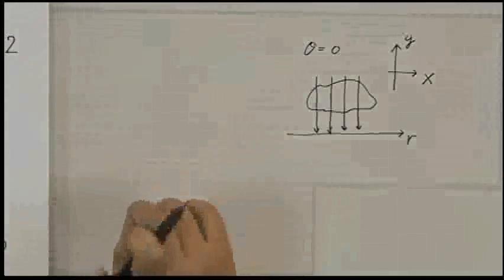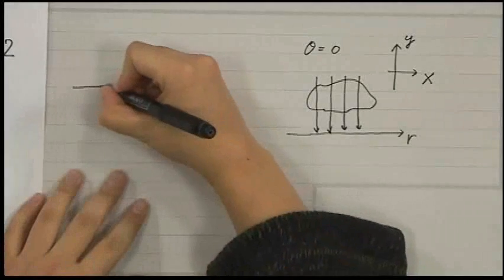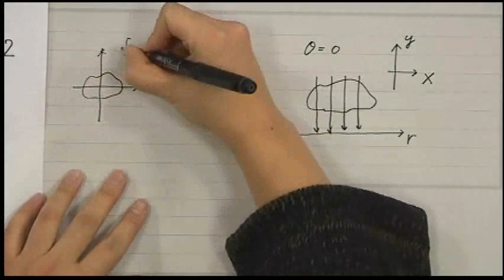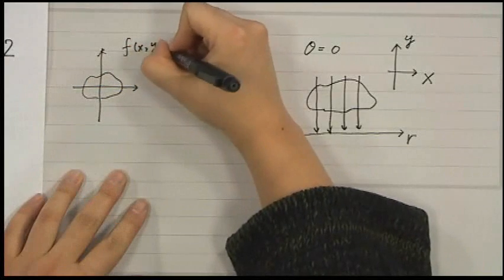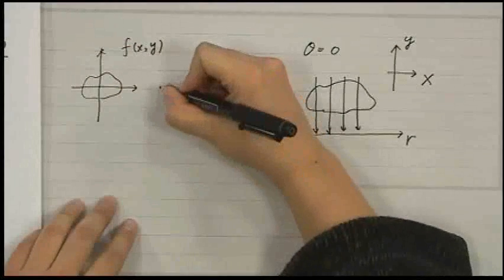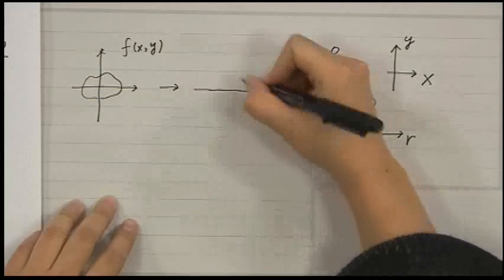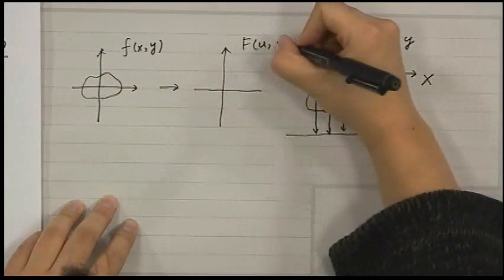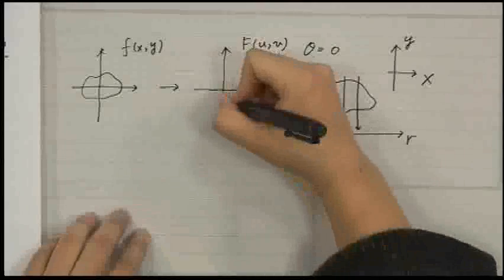So the rotation property of the CSFT is like this. For example, we have some f(x,y), and then there is some corresponding Fourier transform.